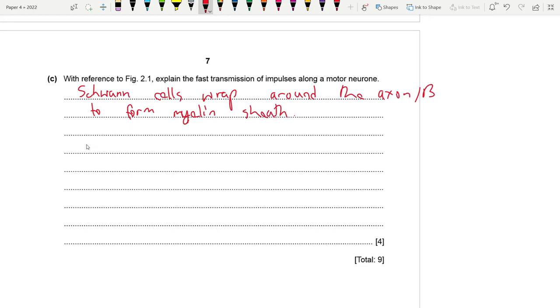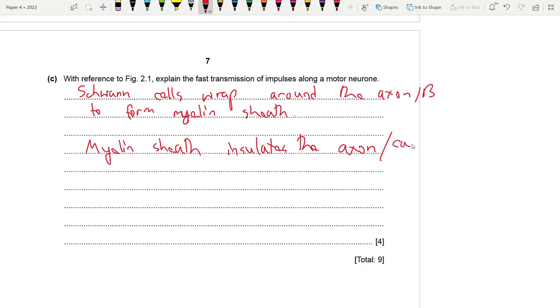So what does this myelin sheath do? The myelin sheath insulates the axon, or you could just refer to there being a lack of movement of ions.